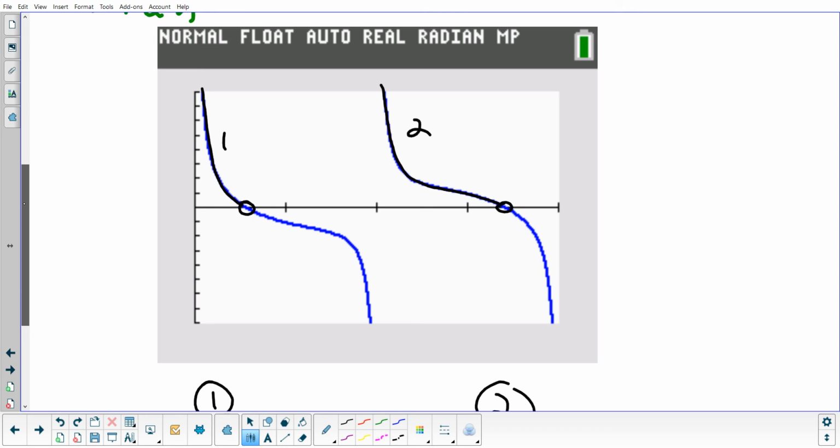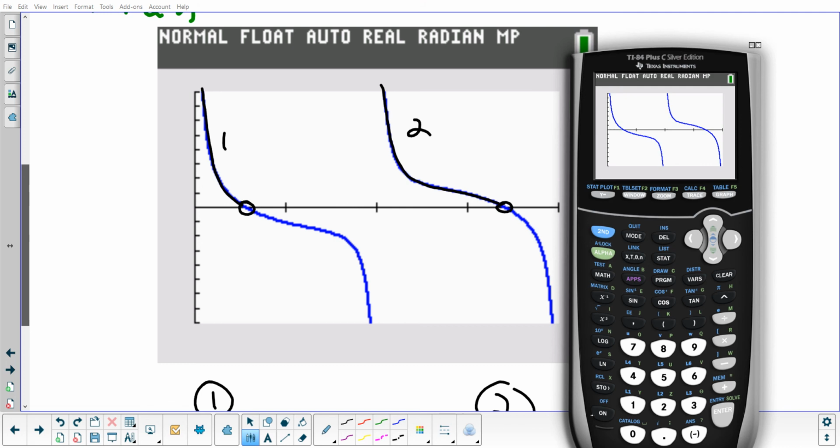Where does interval 1 stop? What would we have to do to figure that out? Yeah, find the 0. Okay, so we can find the 0. Second calc, zero. And then get your 0.